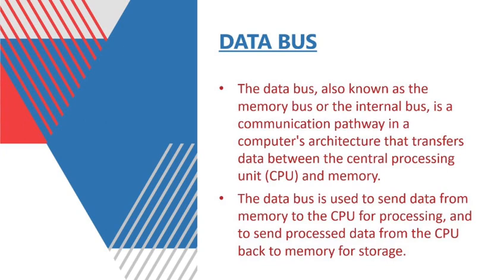The address bus is used by the CPU to specify the location of the data it wants to read from or write to memory. The width of the address bus, measured in bits, determines the maximum amount of memory that can be addressed by the CPU. A wider address bus can address more memory than a narrower address bus.